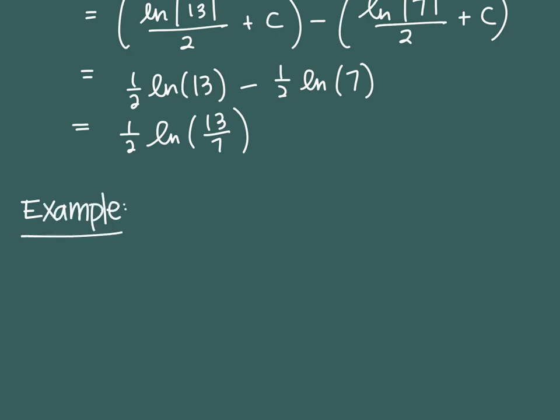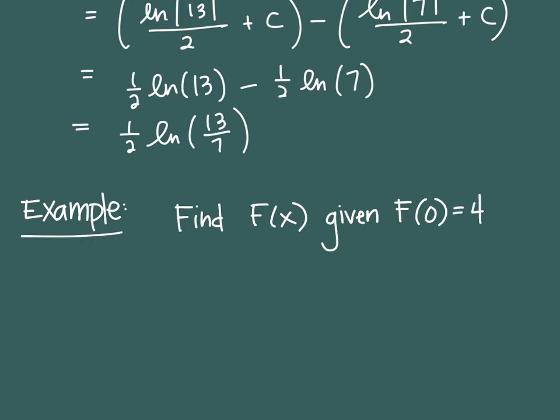Okay, our final one is not going to be an integral, but it's going to be: find F of x, find the polynomial, given that F of 0 equals 4, and given that lowercase f of x is e to the half x.